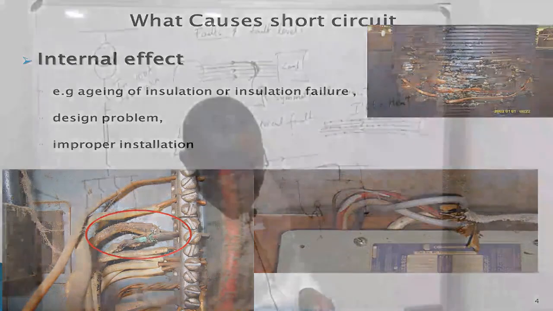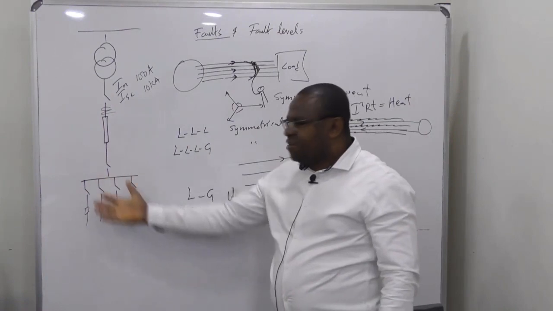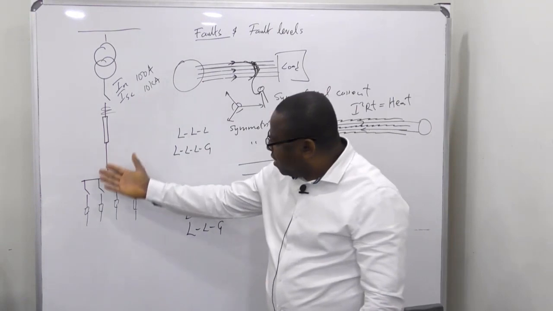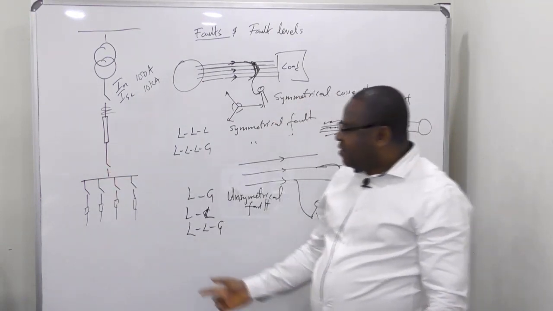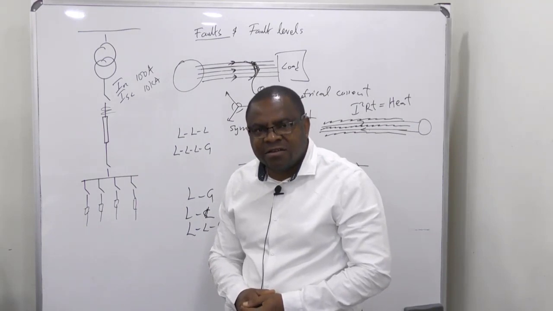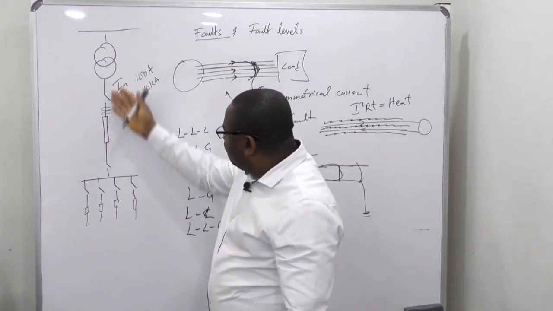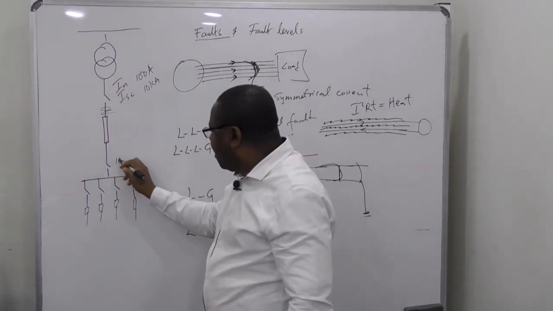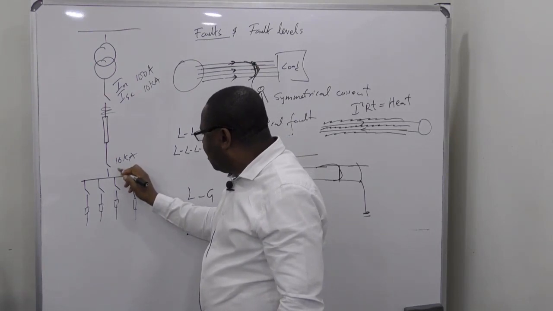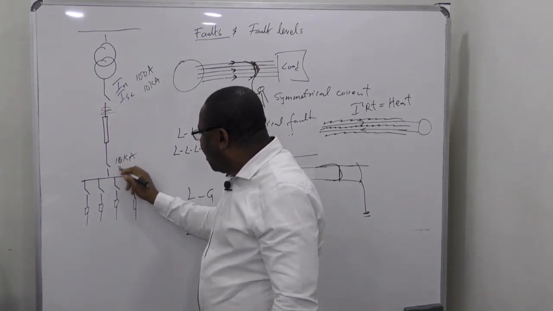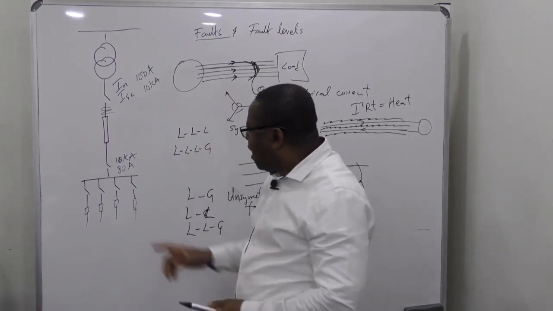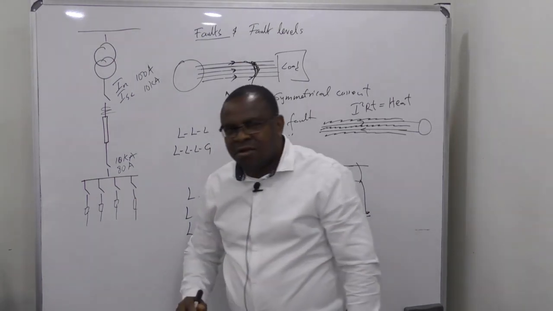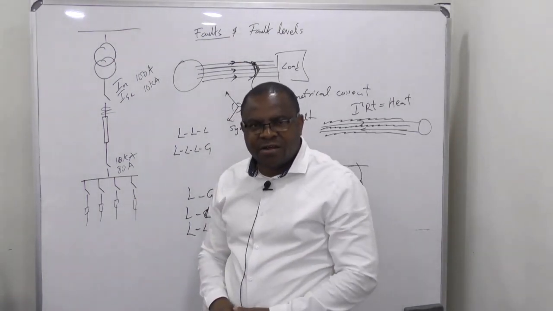So it's a serious thing. Sometimes you see a switchgear exploding. Somebody will think the problem is that the switchgear is old, not knowing that it was not properly sized. Let's assume I do a fault level analysis, and somebody used a 10 kA, 80 amps circuit breaker, and when you do the fault analysis, the fault level here is about 12 kA or 15 kA.